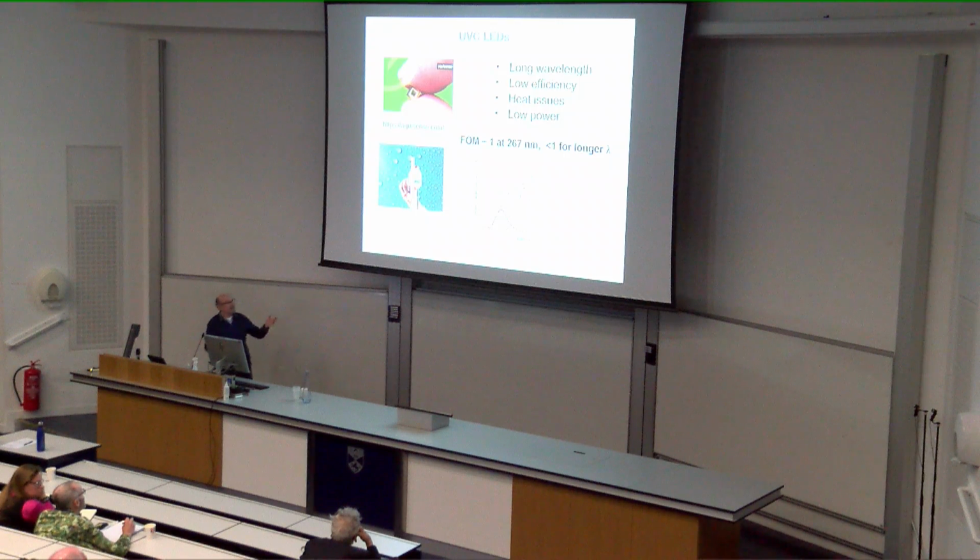I have spectra that are published for commercially available LEDs, and I'm going to compare, as an example, 265, which is a commercially available LED. Figure of merit is about 1 at 267 nanometers. That's about the same as mercury. But as you go to longer wavelengths, the figure of merit goes down, which means you need more intensity.